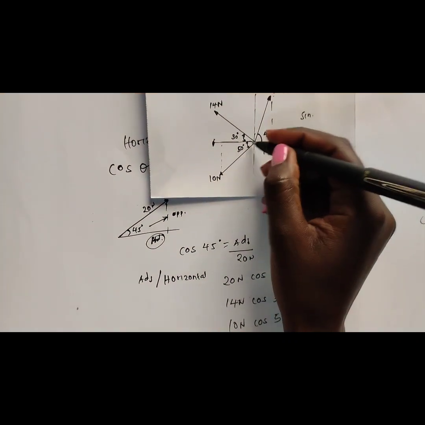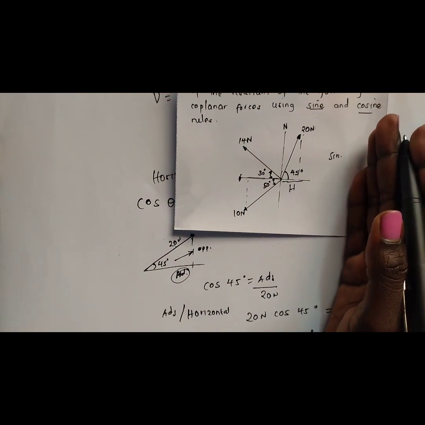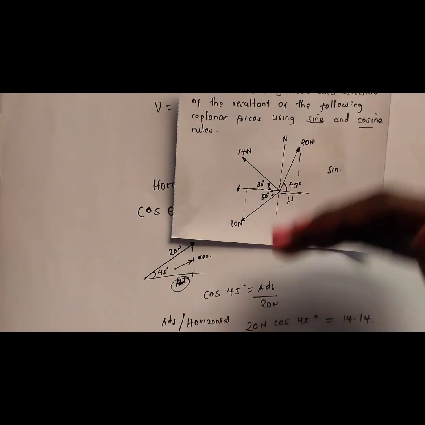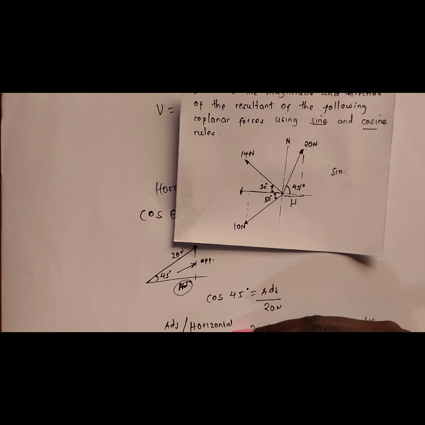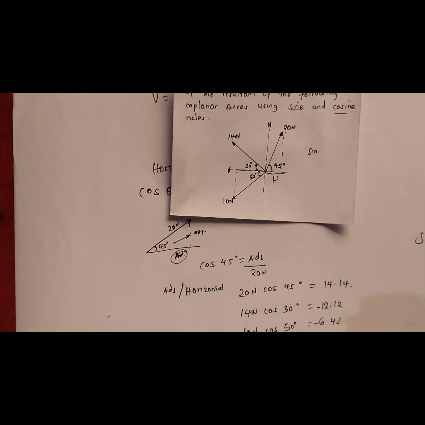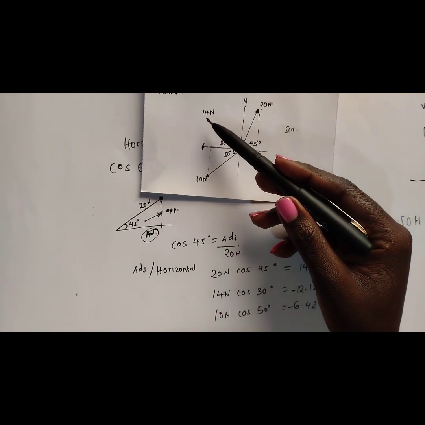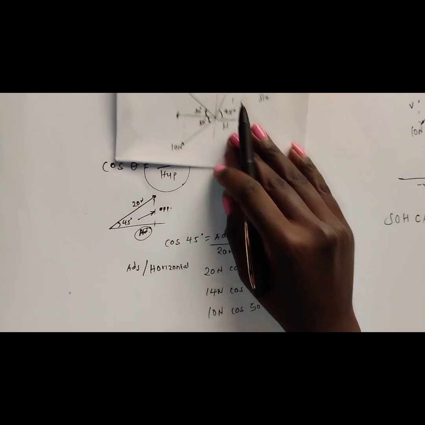Remember, if this is our compass, all numbers lying on our right hand side would be positive, on the left hand side negative, up towards the north is positive, and down towards the south is negative. That's why we are having negative for the 14 Newton force and 10 Newton force horizontal components.